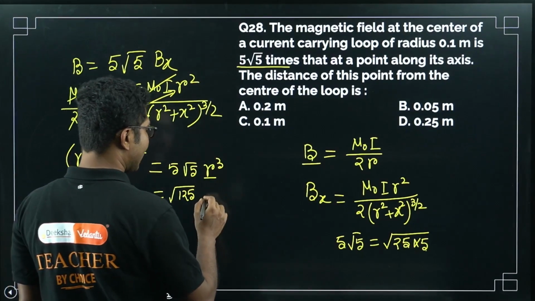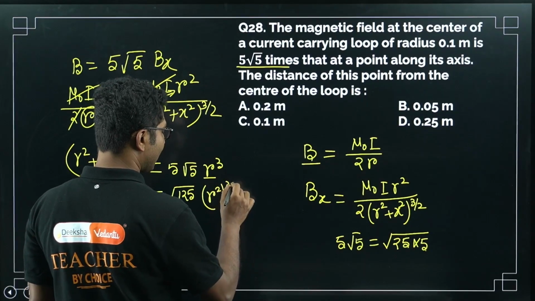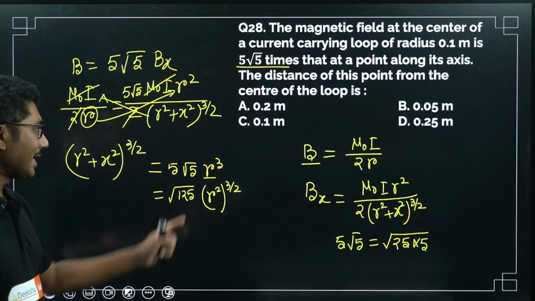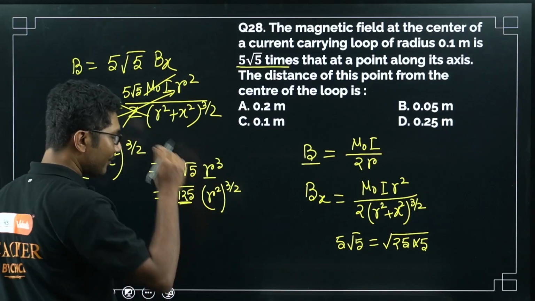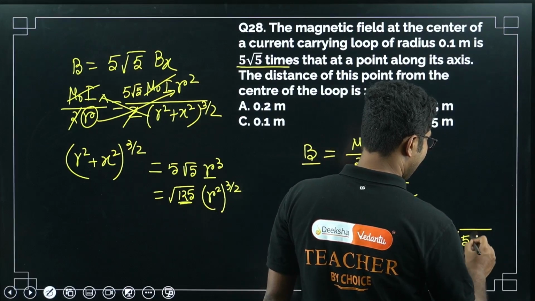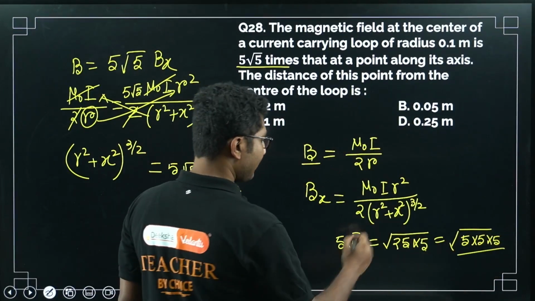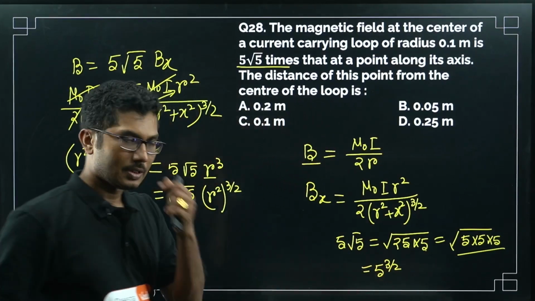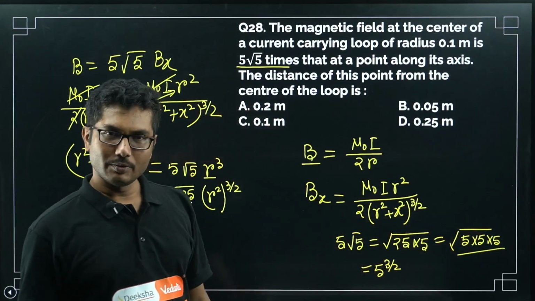And r cube, I can write as r square to the power 3 by 2. By the law of indices, we can simply cancel these 2's. So I have only squared it and then divided it, right? And 125 can be written as 5 times 5 times 5, or this can be written as 5 cube to the power 1 by 2. Square root means divided by 2, and 3 5's are there, so 5 cube, right?